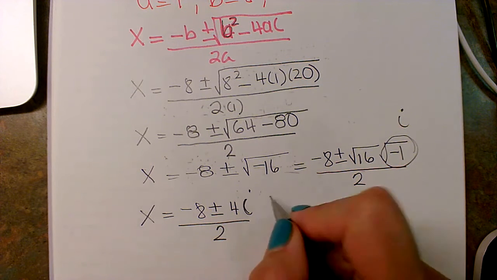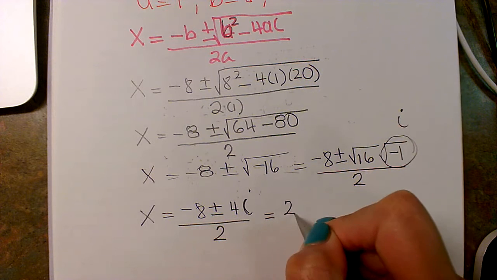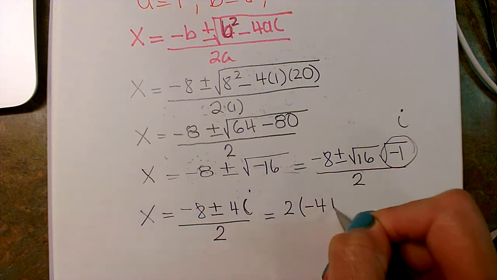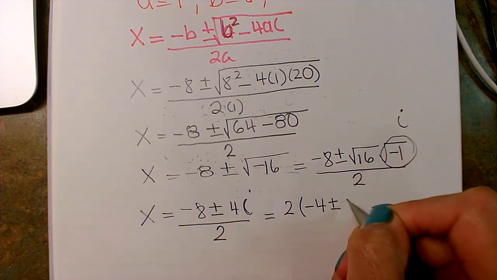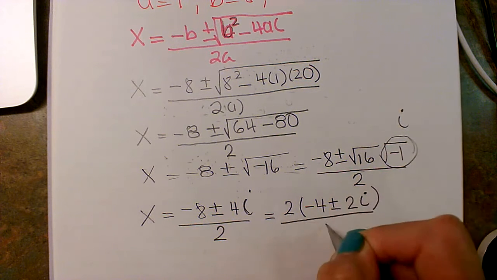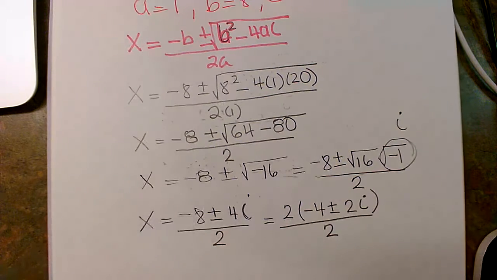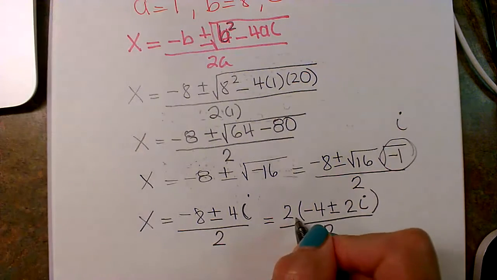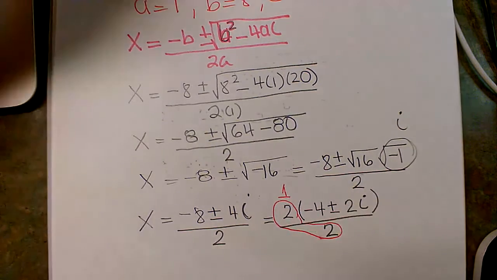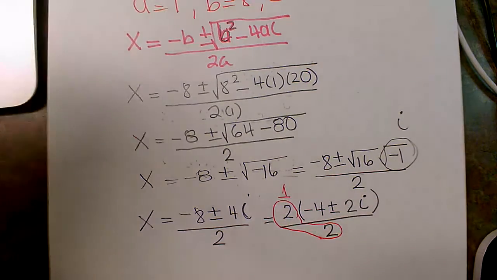I'm going to factor out the 2. So I get negative 4 plus or minus 2I. I'm making a 1 there.